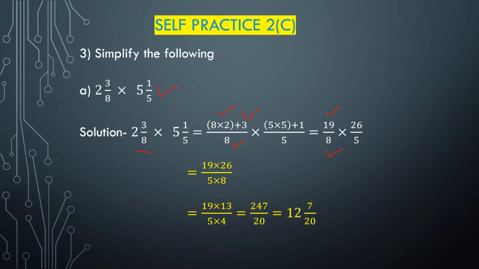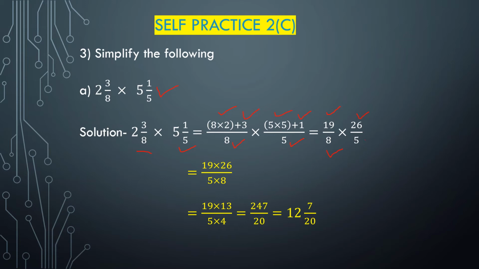Now convert 5 1/3, this mixed fraction, into an improper fraction. Multiplying the denominator 3 with the whole number 5 plus the numerator 1, divided by the denominator, which is 3. So 3 multiplied with 5 plus 1 is 16, 16/3.